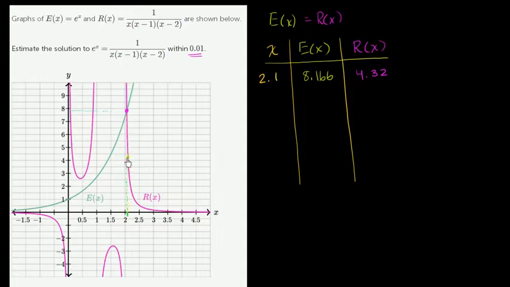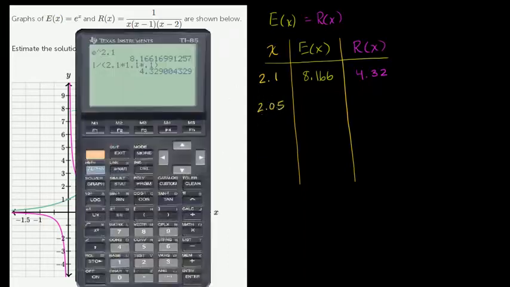If I were to go all the way down to 2, it looks like r of x spikes up. It just goes to infinity as we approach 2. So we're not going to go all the way down to 2, but why don't we lower this a little bit? Why don't we try 2.05? At 2.05, what is e of x? e of x is e to the x, right?